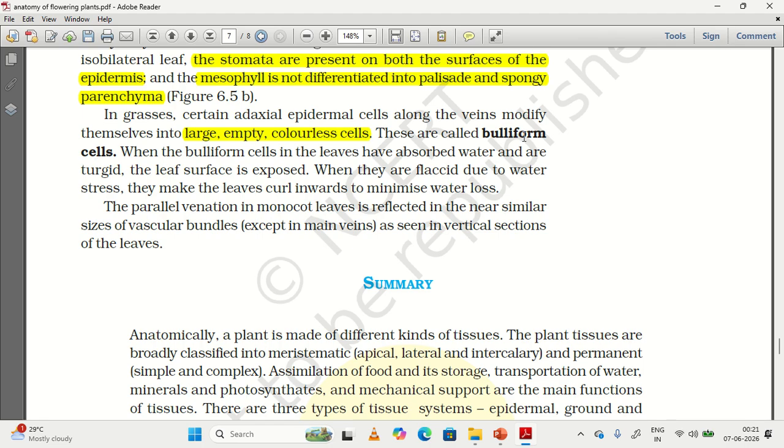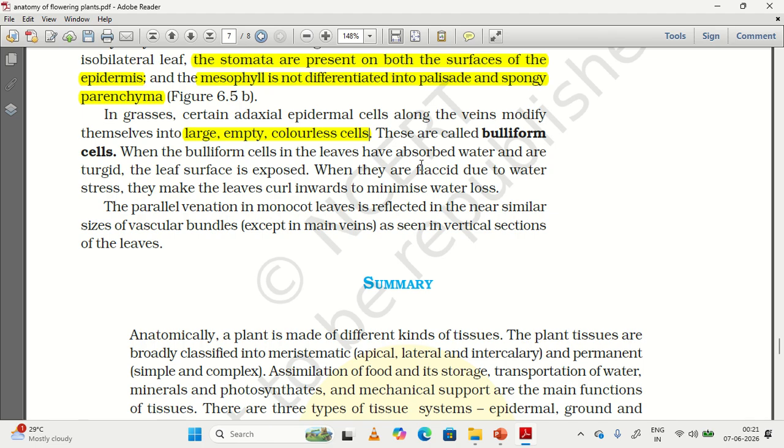So these bulliform cells are colorless. In the spelling of colorless you have an O, and in bulliform cells also you have an O. So they are colorless, without any color, remember it that way. When the bulliform cells in the leaves absorb water and become turgid, the leaf is exposed.